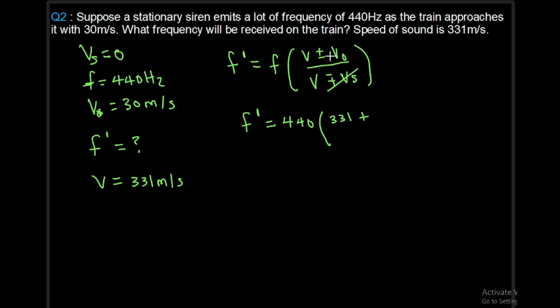Plus the velocity of the observer, which is 30, all over 331, and that will give us the apparent frequency equal to 440 times that, and we use our calculator to get this out.